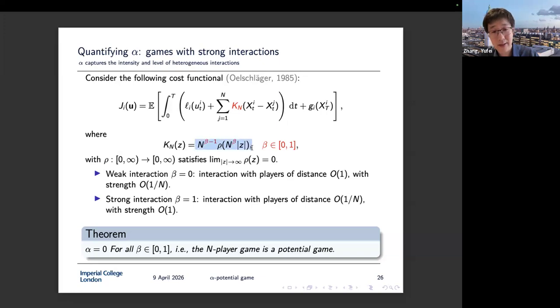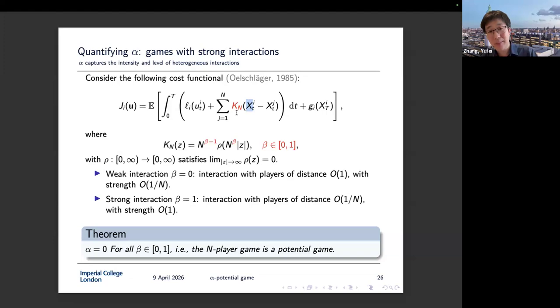It's defined in this form, where rho is a density function which goes to zero as the input z tends to infinity. What it means is that I want to minimize this cost and I want to be away from others. So k goes to zero as the distance becomes bigger. I want to make the cost small by making sure that my car is away from the others.